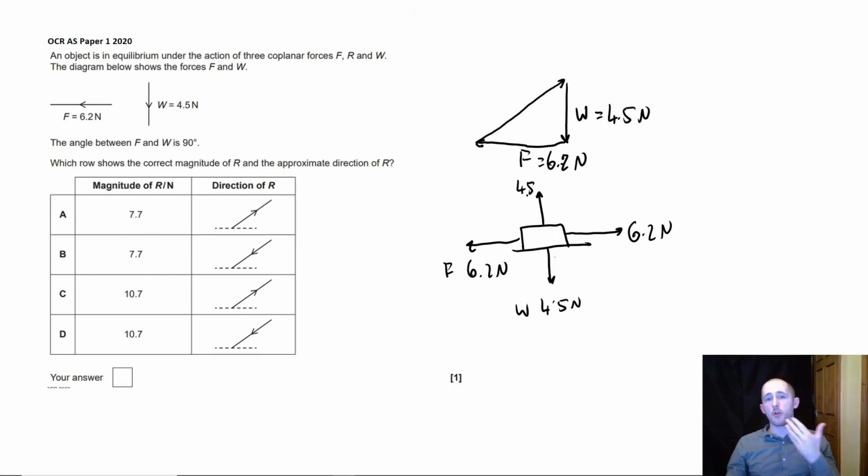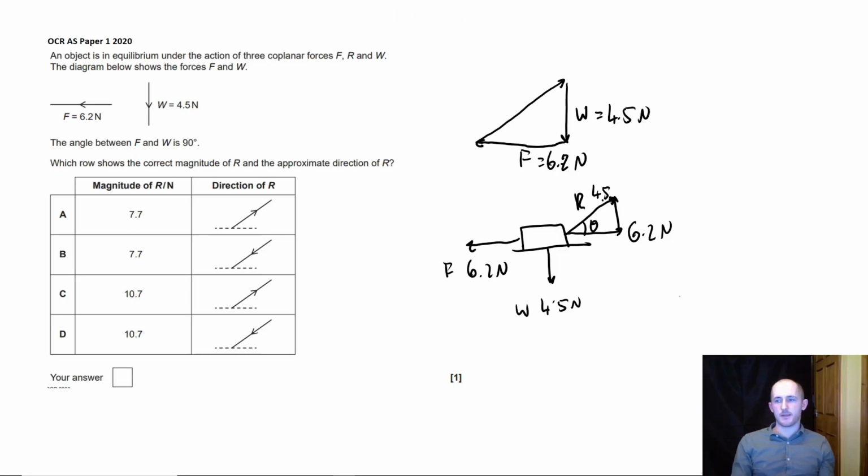Because for there to be no overall force, there needs to be a force that counteracts W going down and F going to the left. Okay, so those are my two components of R. Okay, so the 4.5 and 6.2. So now all I need to do is, I'm really hoping this grouped all together. Yeah, it did. Drag those over, and this is my actual diagram for R.